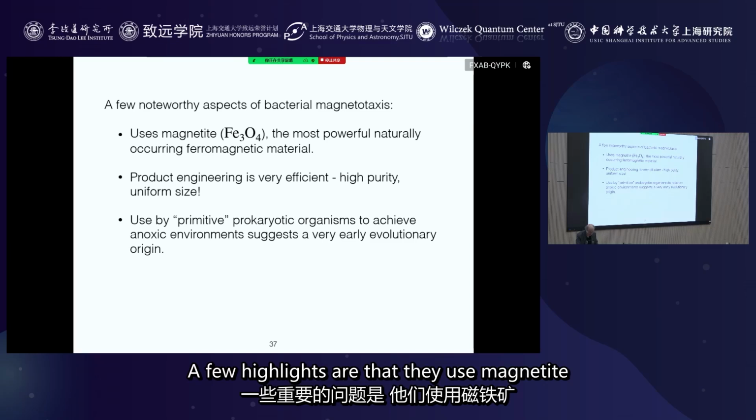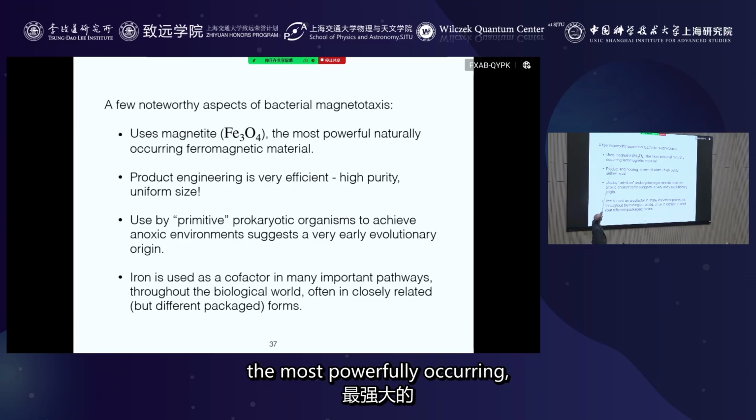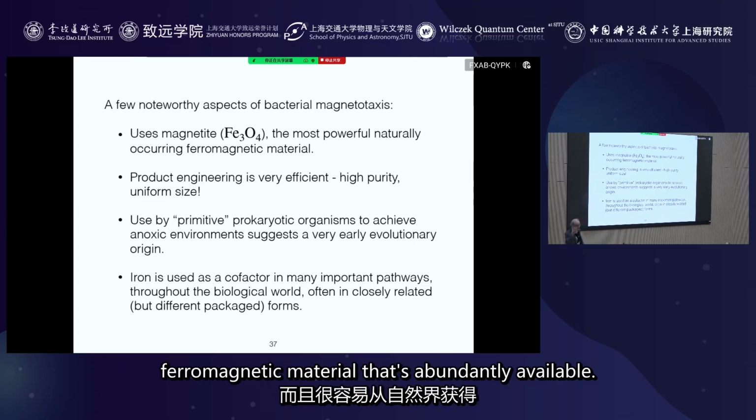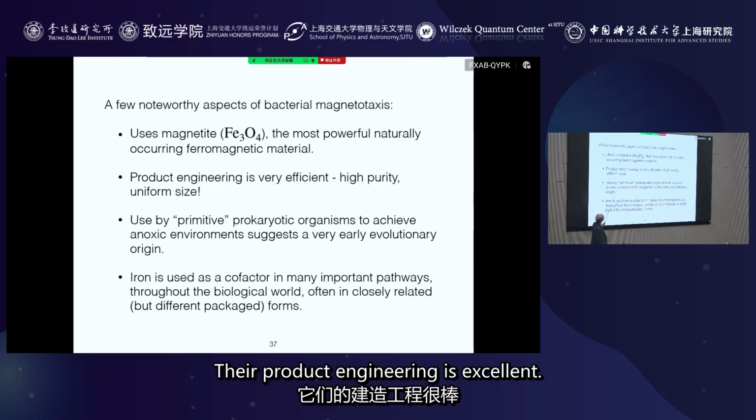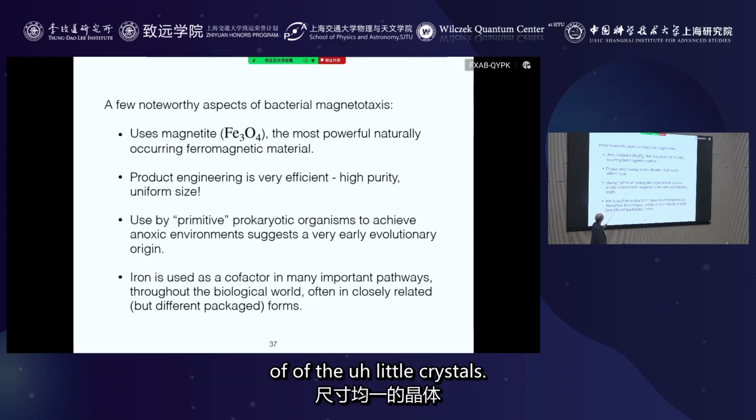A few highlights are that they use magnetite, the most powerful naturally occurring ferromagnetic material that's abundantly available. Their product engineering is excellent. They produce high uniformity and uniform size of the little crystals.